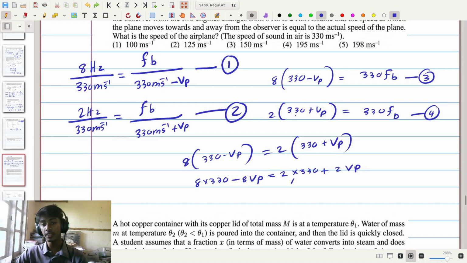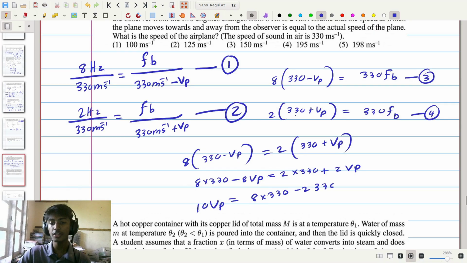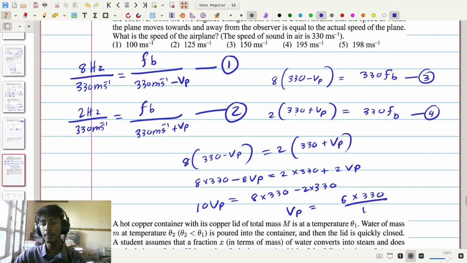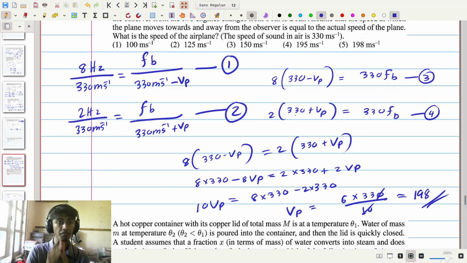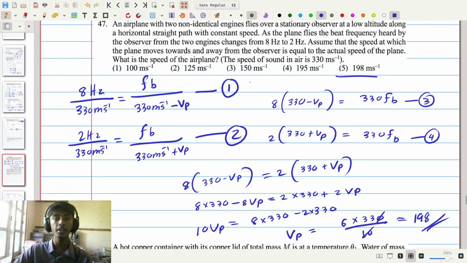Now taking this to this side and this to this side, on one side we get 8 Vp plus 2 Vp, or 10 Vp, equals, on the other side, 8 times 330 minus 2 times 330, and therefore Vp is equal to 6 times 330 divided by 10, which is equal to 6 times 33, which is equal to 180 plus 18, or 198. And therefore, the speed of the plane Vp is equal to 198 meters per second, which is answer number 5.